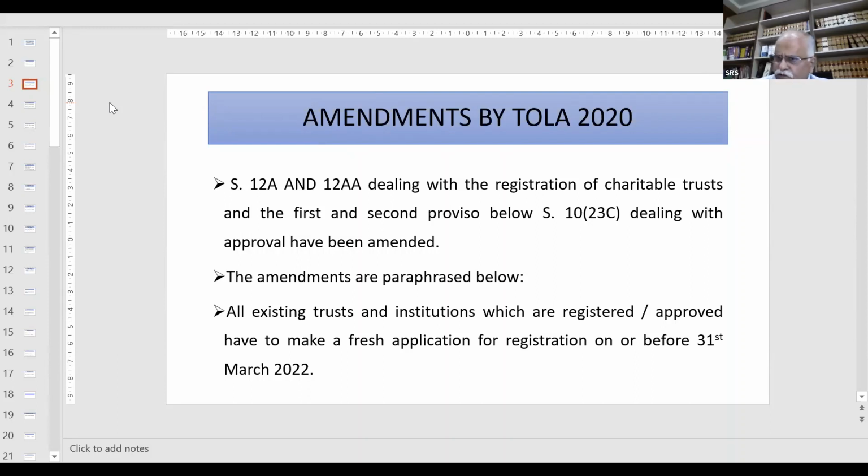So I'm sure most of us would have advised our clients who are charitable trusts to file the application for renewal, and in case anyone has missed it, please do it before 31st March 2022, because if the trust is not registered or the institution is not approved again, you lose the benefit under those sections.